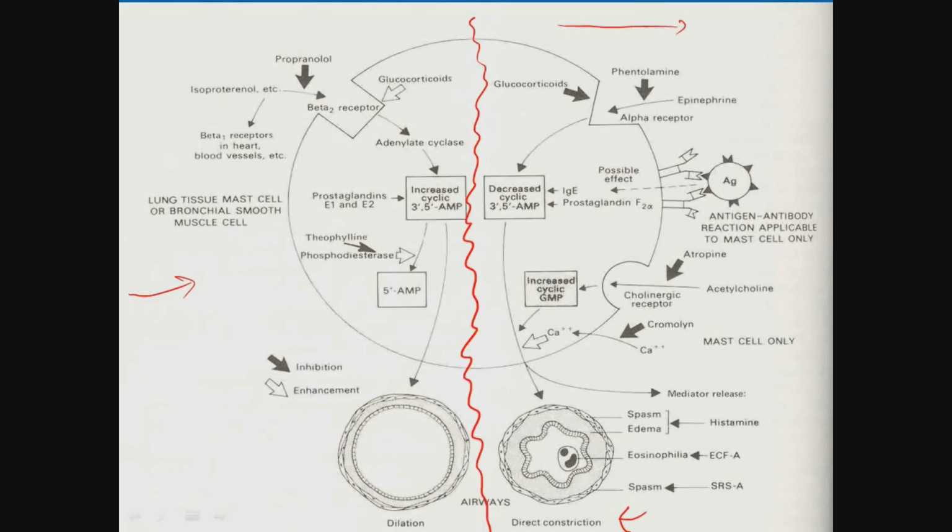Everything on this side will promote bronchodilation. Okay? So I can either do something that blocks one of these avenues and prevents this from happening, or I can stimulate on this side and create it. Okay? It's that balance that is there between the two. Okay? It's a pretty busy picture, isn't it? I don't know where I dug this up from, but I actually like it.